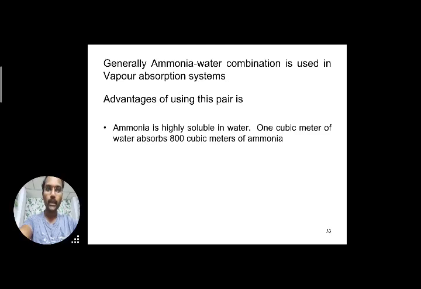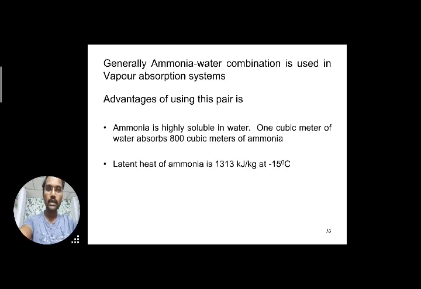1 cubic meter of water absorbs 800 cubic meters of ammonia. So you can see the volume here. It has very great solubility in water. So why are we using this combination of water and ammonia?